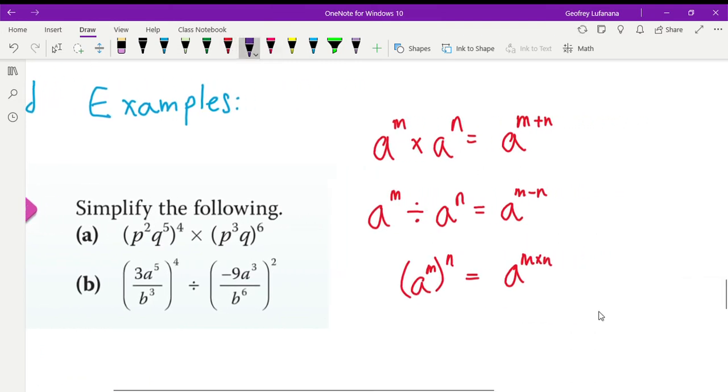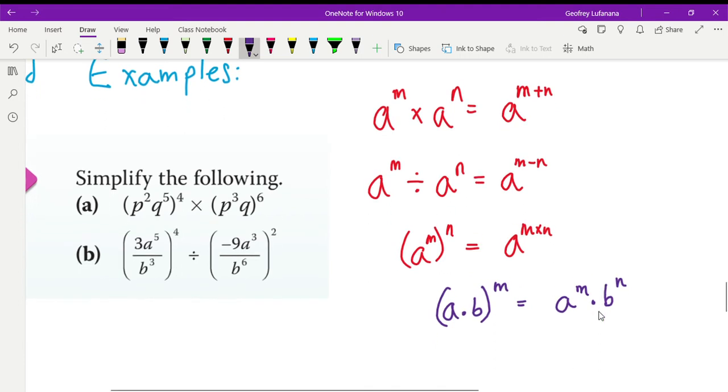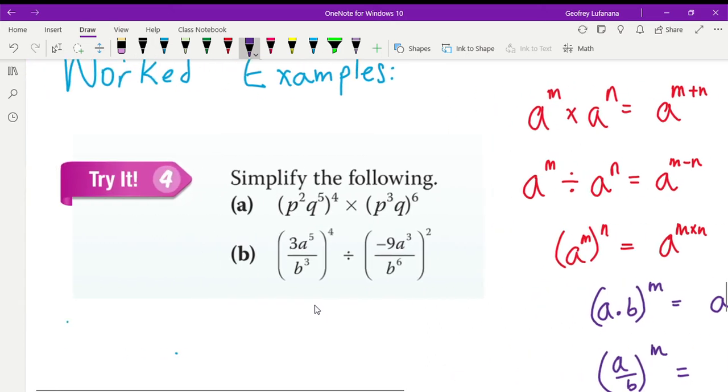So if I have a times b to the power m, the power is distributed on every term inside the bracket. For division also, if I have a over b to the power m, the power will be distributed on everything inside the bracket. So we are going to use these 5 rules to solve this question.